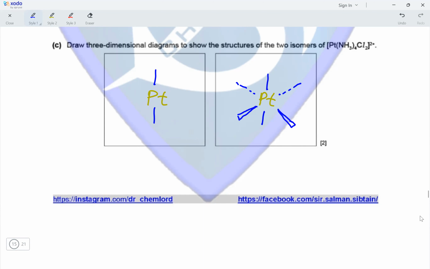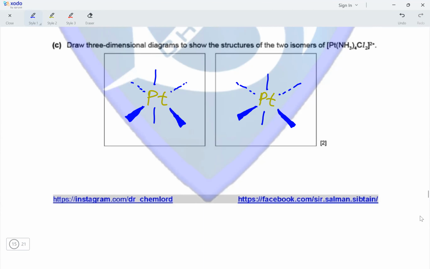And once drawing those positions is complete, we would place the ligands in such a way that one of the isomers shows that it is a cis isomer and the other one shows that it is a trans isomer. So in a cis isomer, the two chloride ions would be placed adjacent to one another, and in the trans isomer, the two chloride ions would be placed diagonally opposite to one another.